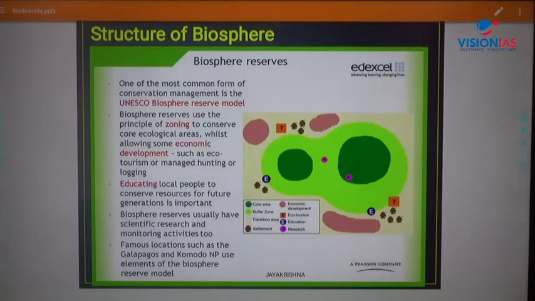The last one, transition zone. What is the transition zone? This is the outermost zone of the biosphere reserve.